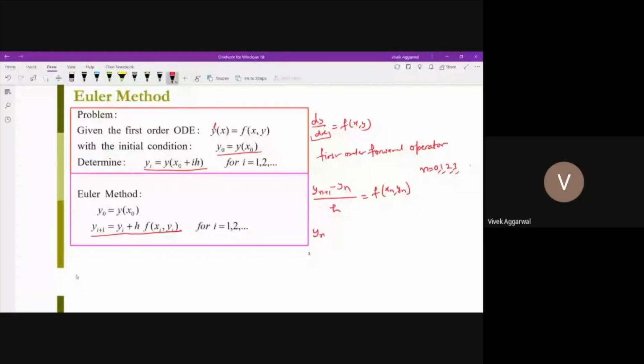Now I can write y(n+1) equal to yn plus h f(xn, yn), just taking h on the right hand side. Now this becomes my Euler method.